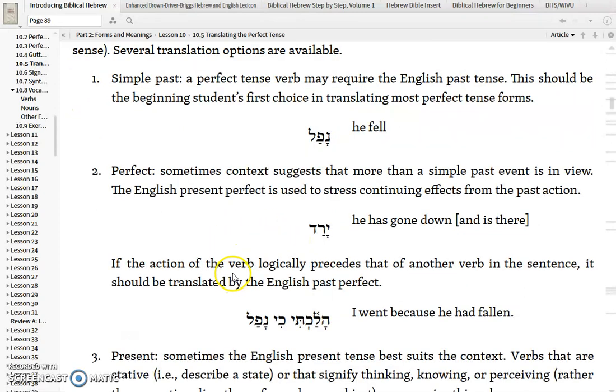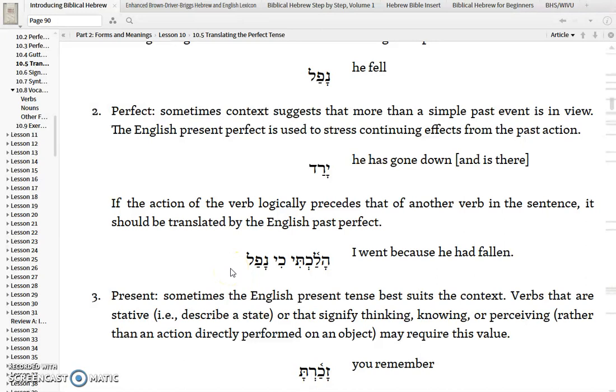But it also can mean the same thing as what we would call the perfect in English. And so here you have yarad. Yarad means to go down, and this is third masculine singular. That could be he or it went down, or he or it has gone down. That would be more a perfect rendering of it. So it could mean he went down or he has gone down. Kind of past action with the present result is the perfect in Greek, if you're familiar with that.